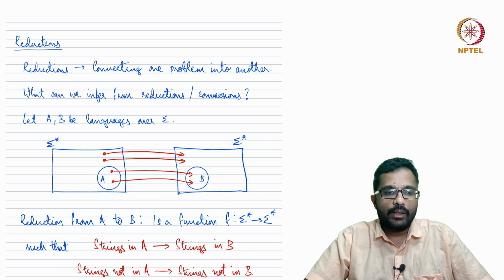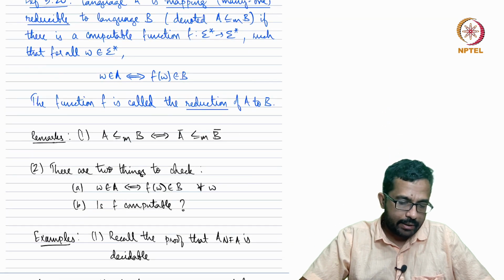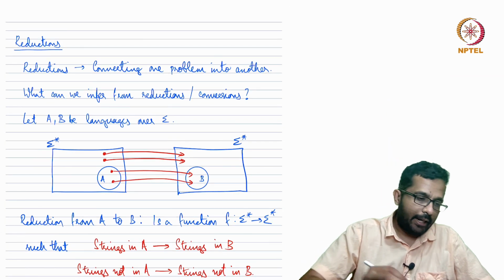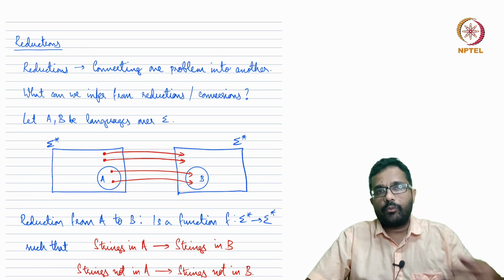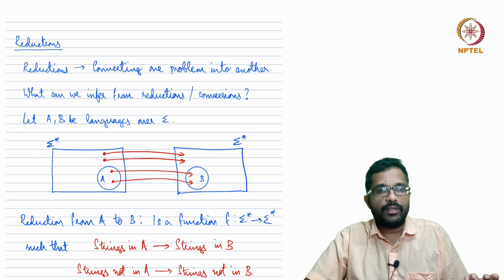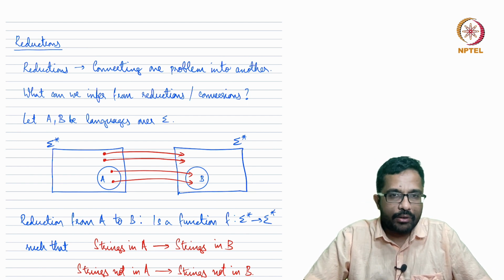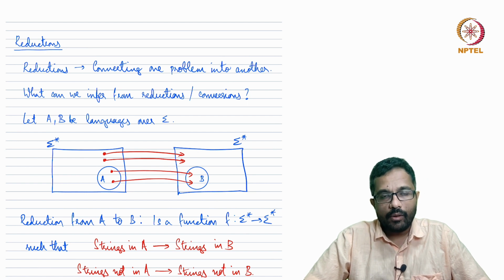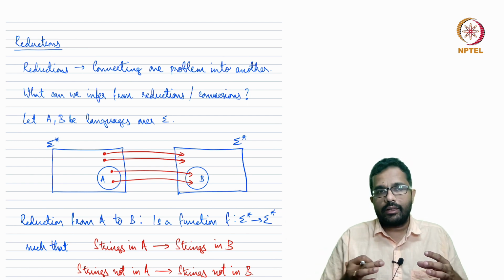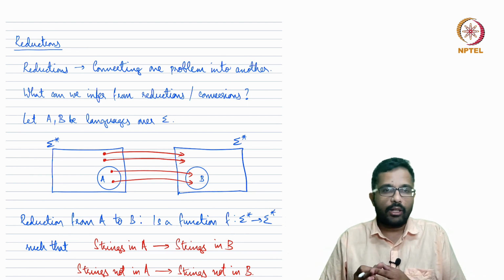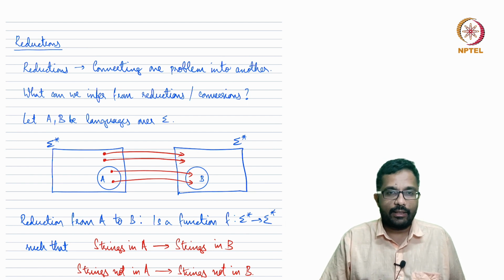The undecidable language ATM was: given a specific Turing machine M and a string W, determine whether this Turing machine M accepts the string W. And this was shown to be undecidable. With a lot of hard work and with the theory of countable and uncountable sets, we were able to show that this language was undecidable.